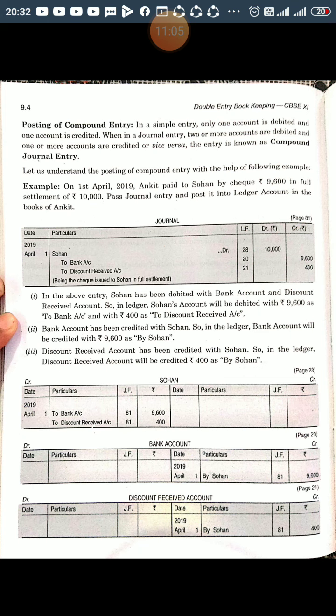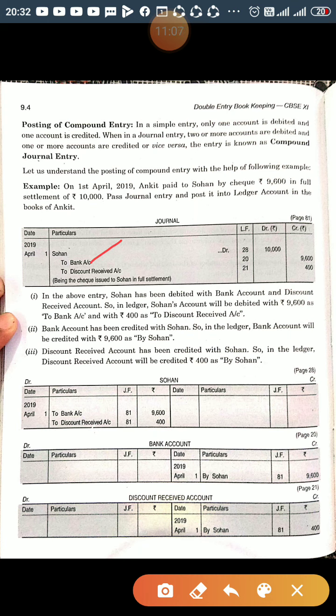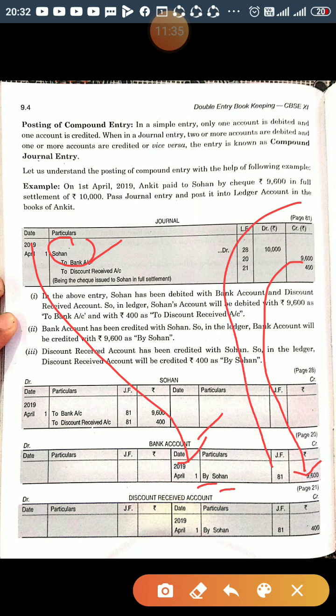right? Now bank. Bank has been credited, so you will enter on the credit side. You will write the date, right? And you will put the prefix by. And against the bank account, the account which is debited is Sohan, so you will write Sohan, and the amount is 9600, and you will put the page number here.